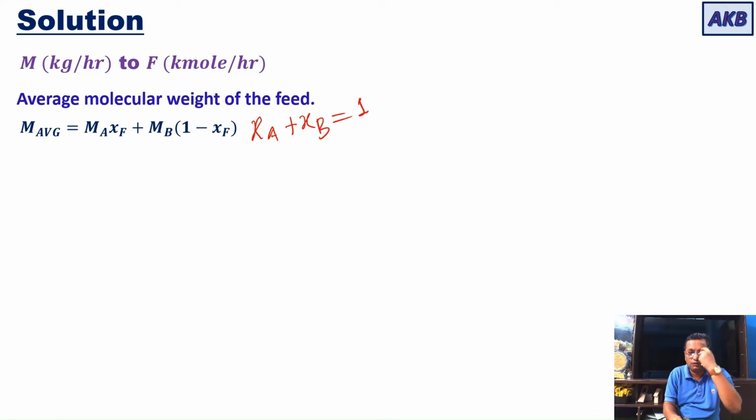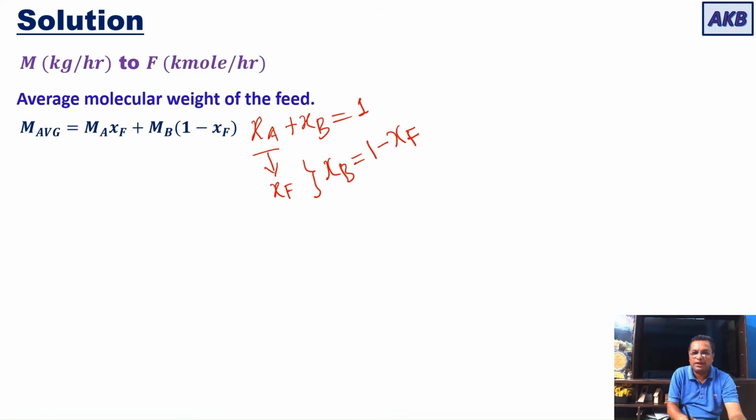And the mole fraction of A in the feed we are denoting by Xf. So Xb, that is the mole fraction of B in this case, will be 1 minus Xf. So that's why you have 1 minus Xf in the equation.